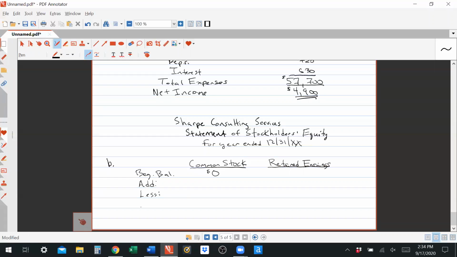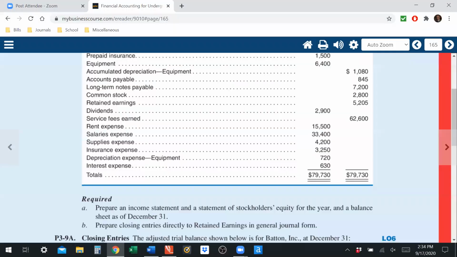And so the ending balance is whatever it told us. I think it said 7,200 on the adjusted trial balance. 7,200. Now, retained earnings has an ending balance of 2,800.